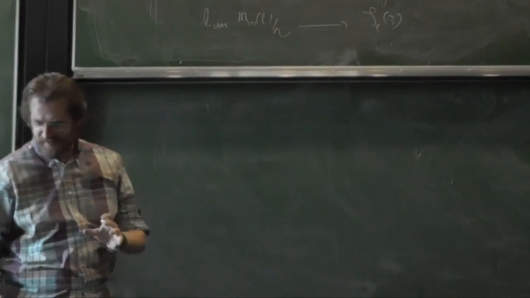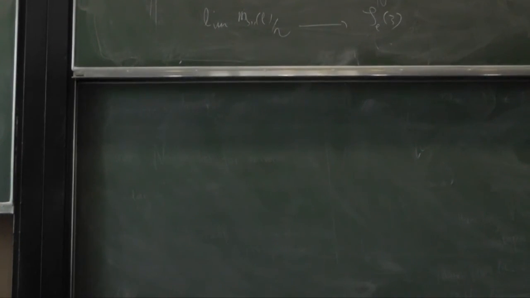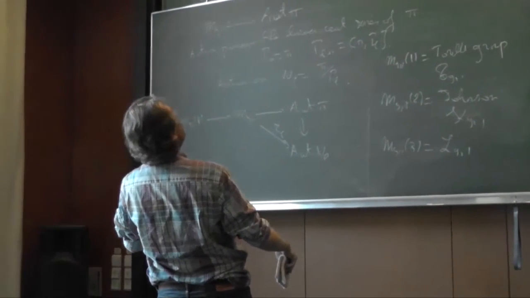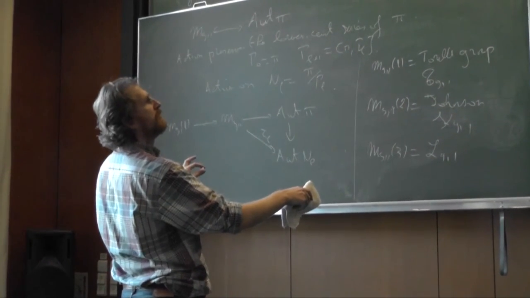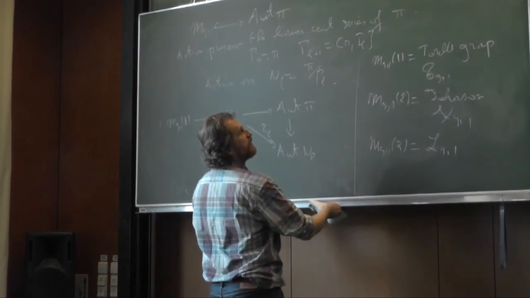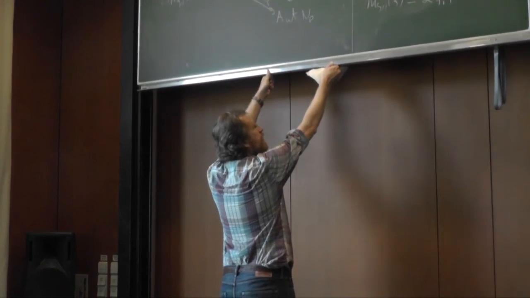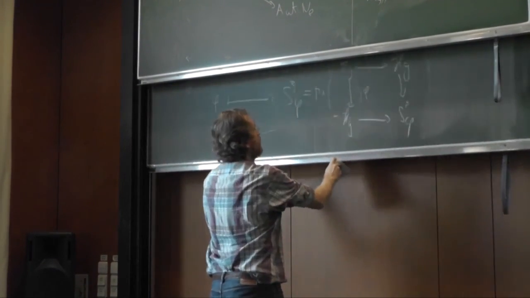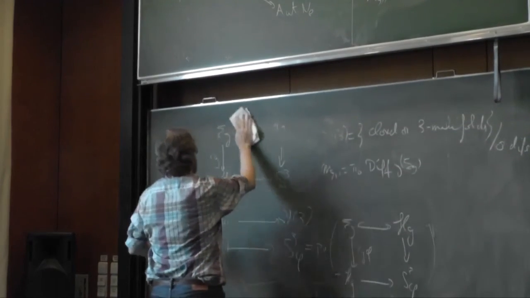Don't go too fast, don't go too fast. I will run out of paper before I run out of time. Okay, so what do I need to keep? This one. Just the definitions. This is okay.